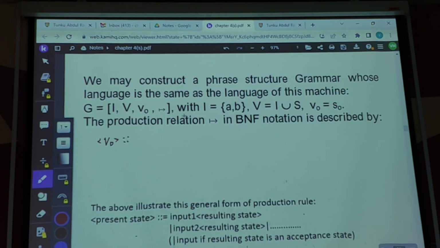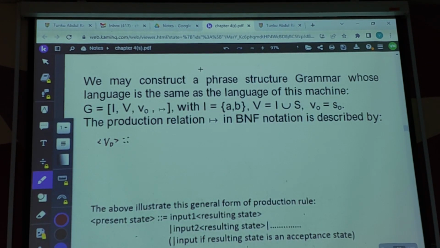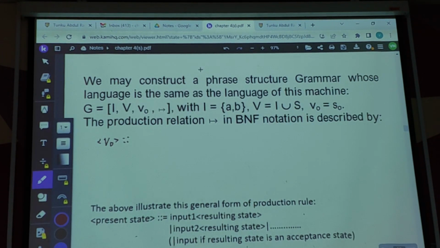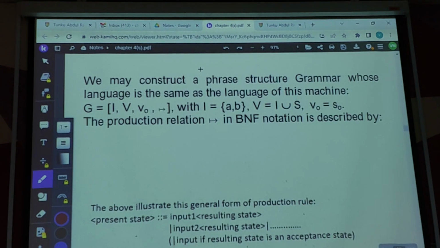What is the non-terminal here? If you look at the set given here, they give you I as the input, so I is considered the terminal.